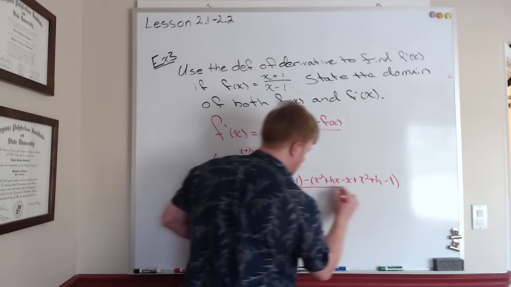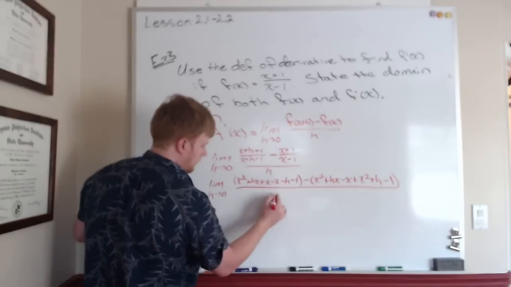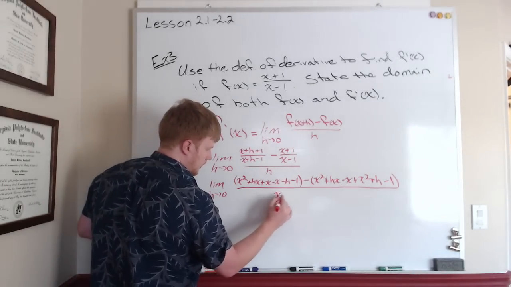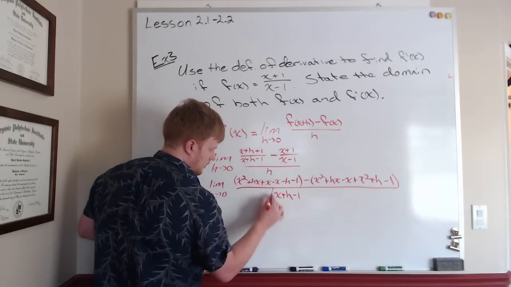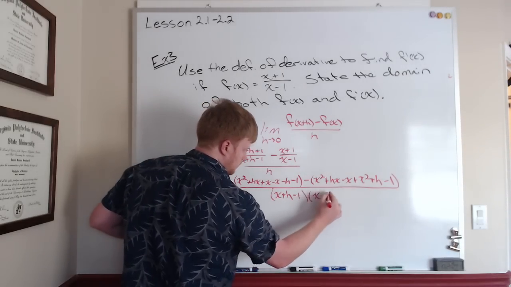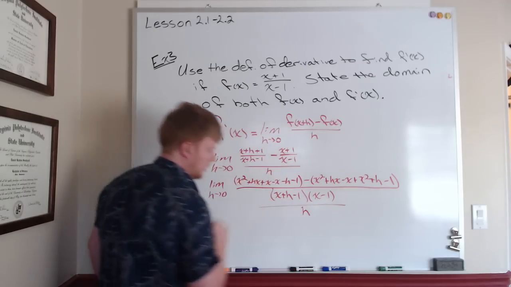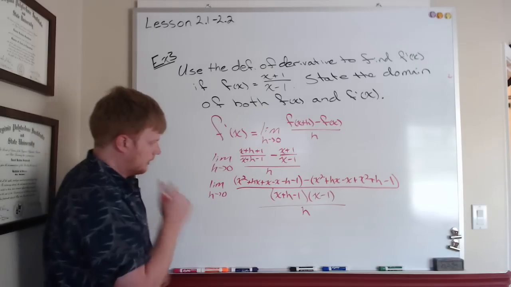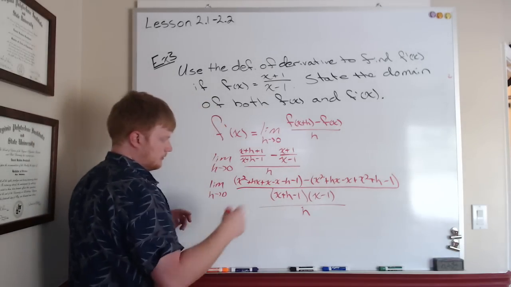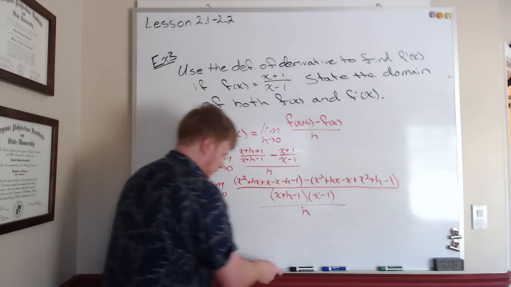And that's all over that common denominator of x plus h minus 1 times x minus 1. All over h. Okay, well at the top we have a lot of cancellations that are going to occur.